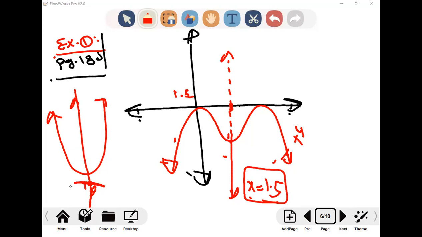Yes. Describe the line of symmetry. What is the line of symmetry? x equals what? 1, 2, 3. x equals 3.